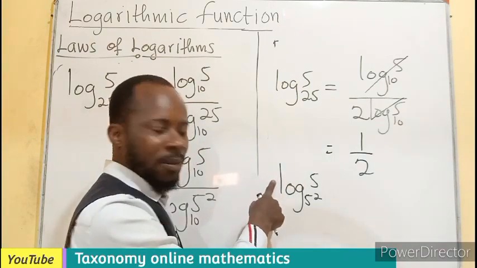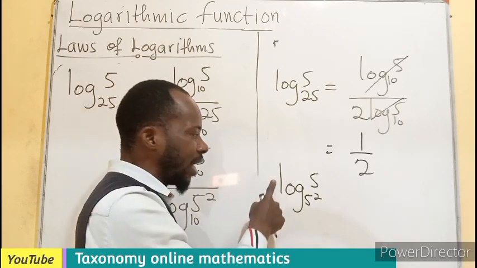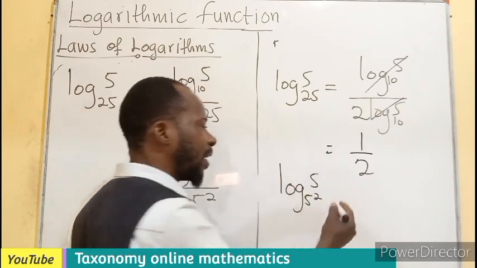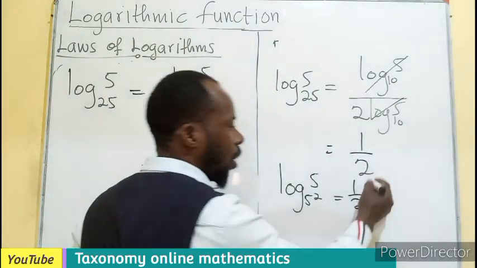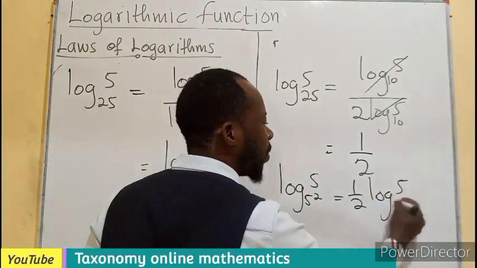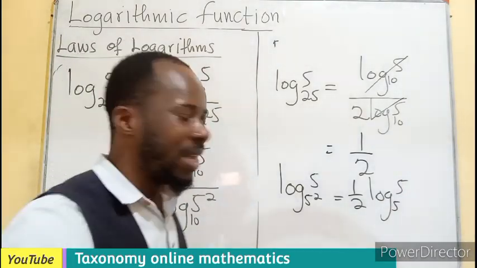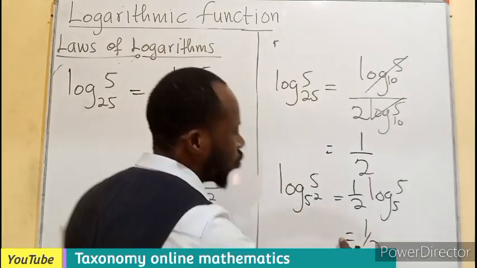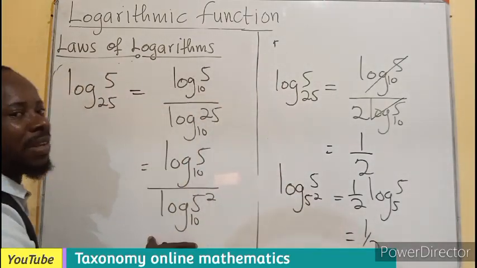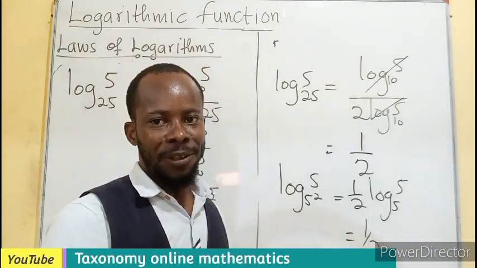Here, the power multiplies 1 to give you the answer, but the base comes to divide. Meaning, I'll have 1 out of 2, the logarithm of 5 base 5. And you know logarithm of 5 base 5 simply means 1, so it gives us 1 out of 2. So if you don't want to go into the change of base, you can use the power of a base.